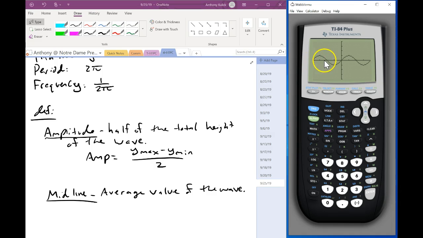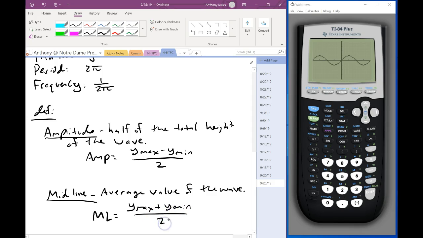So if I look at y equals 0, it looks like there's an equal amount of the graph above and below that line. Everybody's okay with that idea as a visual descriptor? So algebraically speaking, the midline is going to be y max plus y min divided by 2.